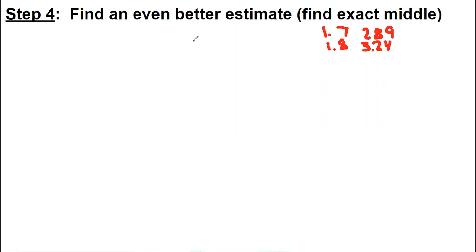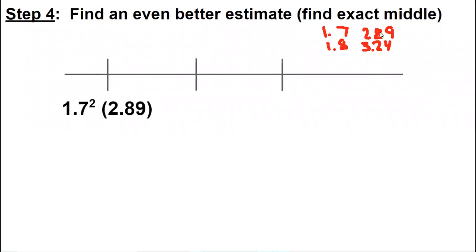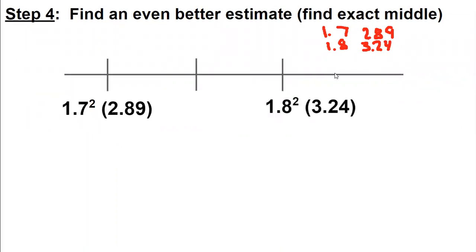Okay, so number line back. 1.7 squared was 2.89, and 1.8 squared was 3.24. And we want to get something closer than 2.89 and 3.24. So we're going to pick the middle, right?